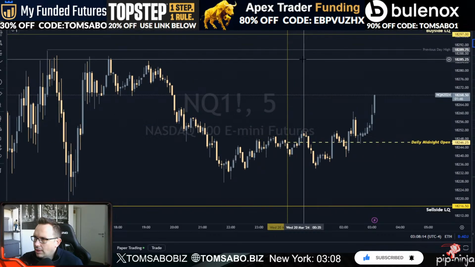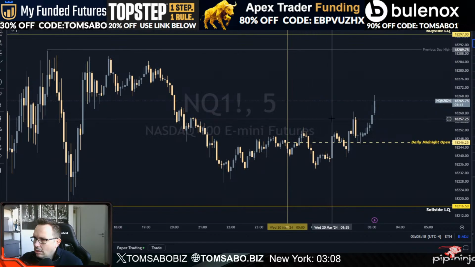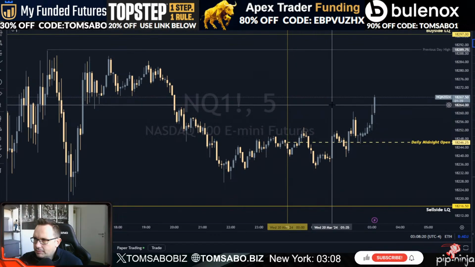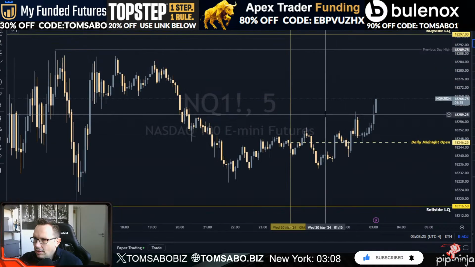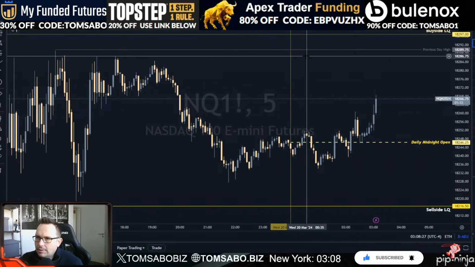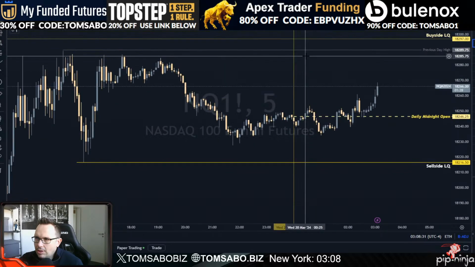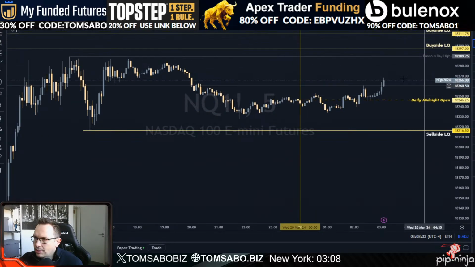Look at this, we're going higher. The high is actually, no structure shift. Nothing yet. No sweep. I don't like where this goes, actually.